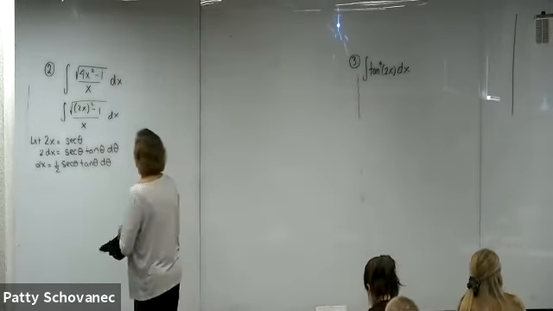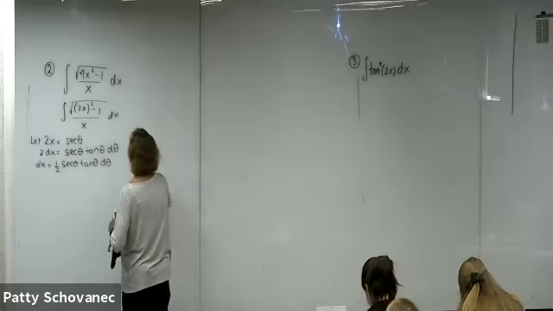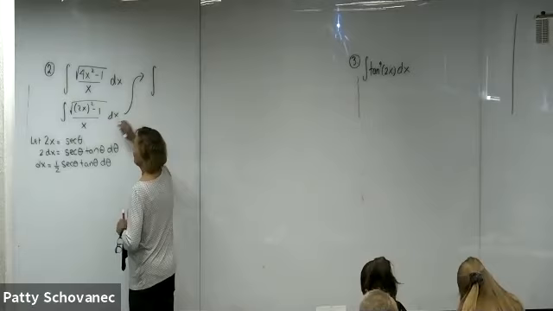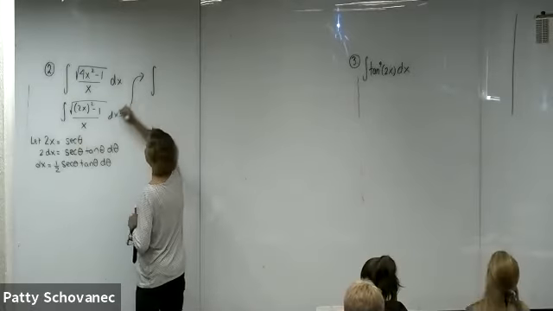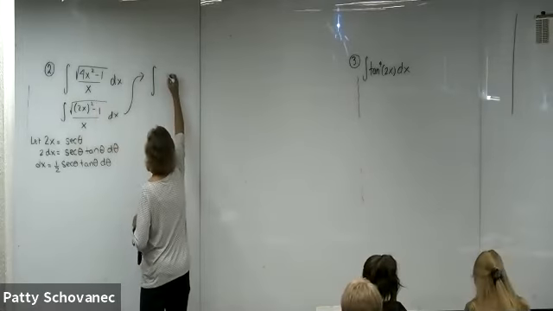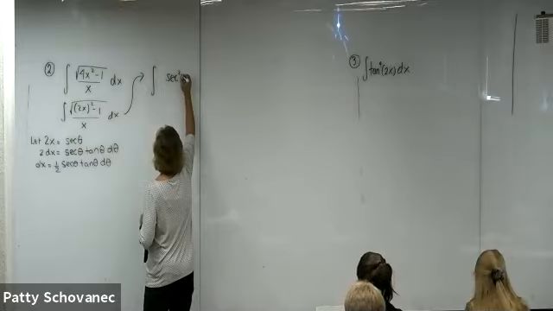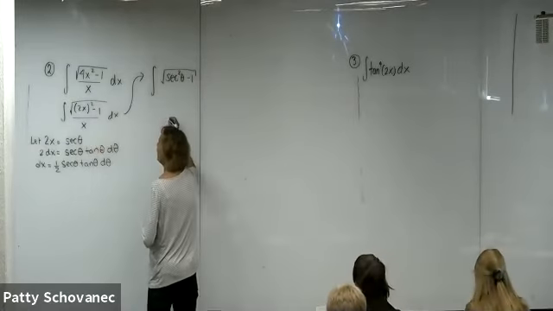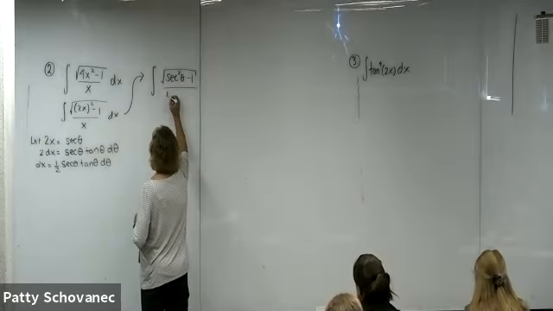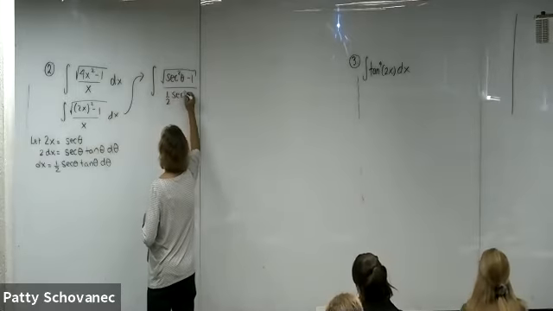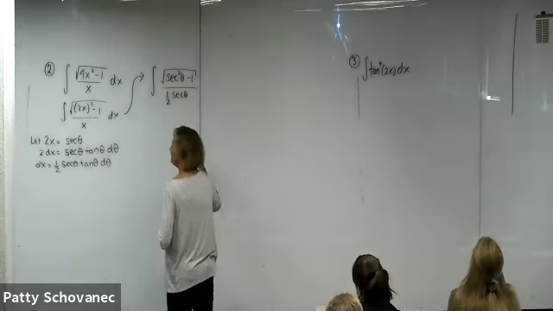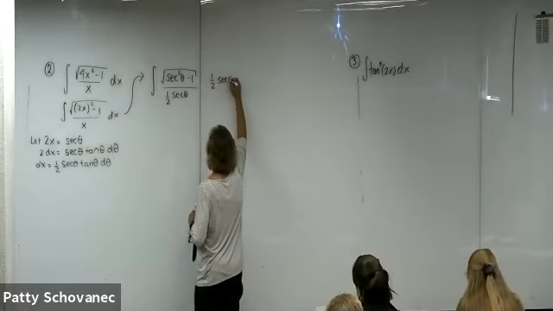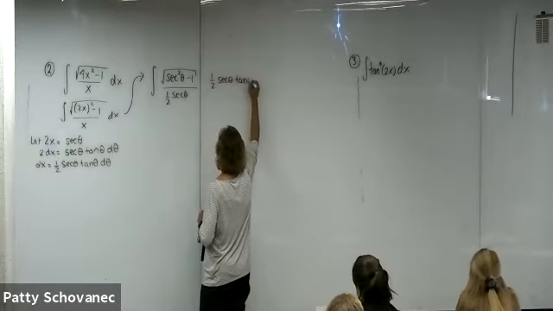Okay, so let's make sure we put everything in correctly. 2x becomes the secant of theta, so that's secant squared theta minus 1 under the radical sign. x itself becomes 1/2 of secant, and then dx becomes 1/2 secant theta tan theta d theta.